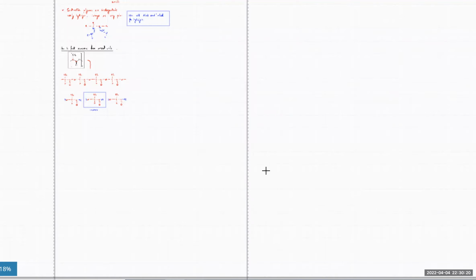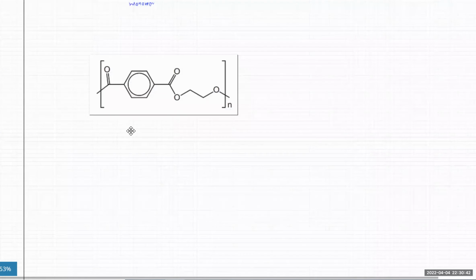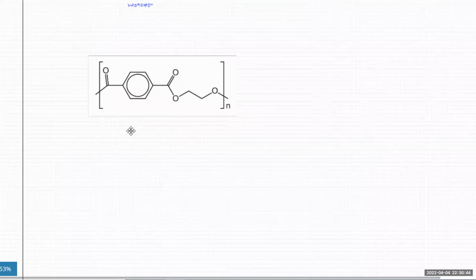I'll just do another one, which again they didn't ask in the question, but here's the molecule. Okay, so here's the molecule, and I'm being asked to draw the monomers.